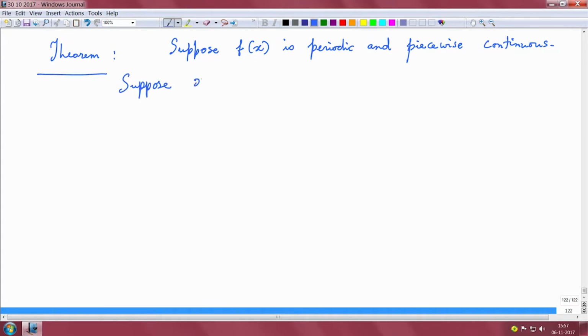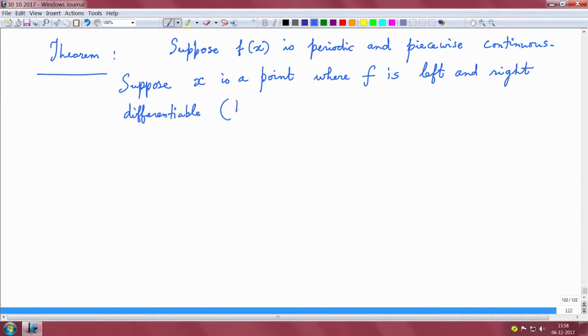Suppose x is a point where f is left and right differentiable but not continuous.